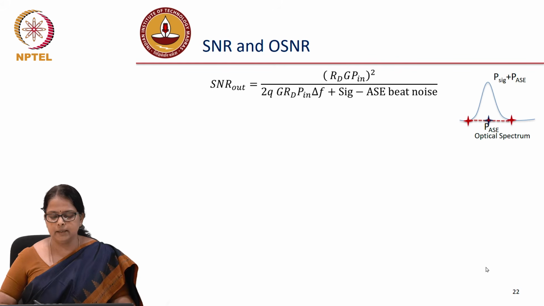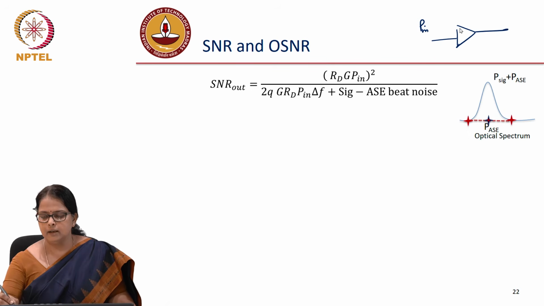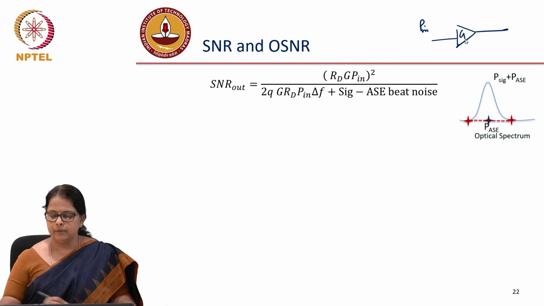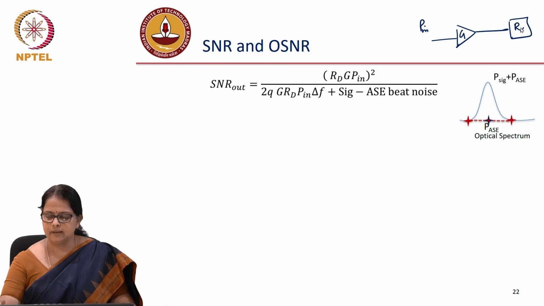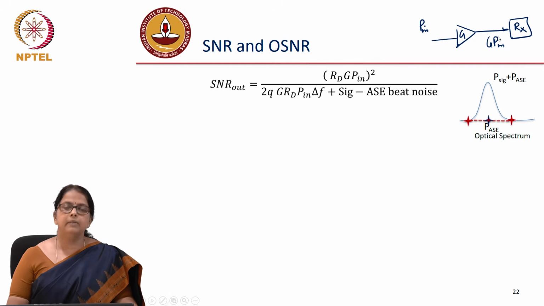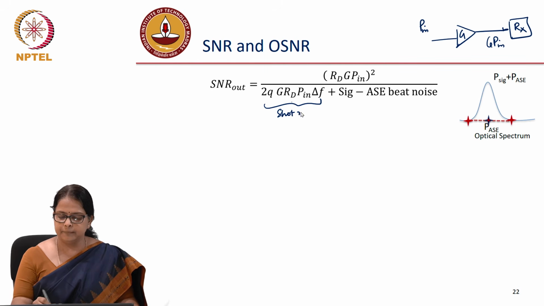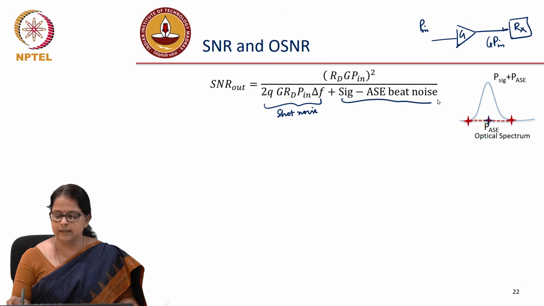So the output SNR after the EDFA. Your signal is P_in, let's say G is the gain of the EDFA, and let's say this is falling on the receiver. So G times P_in is the power falling on the receiver. So (R_D G P_in) squared is the signal power divided by the noise power. The noise power is contributed by the shot noise and the signal-ASE beat noise.